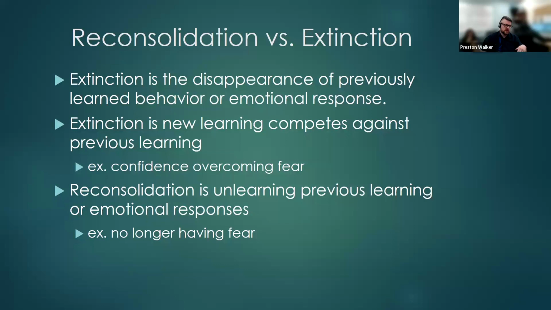So extinction is when we have, let's say, this behavior, and let's say there's this emotion contributing to this behavior, but we have a positive learned response, a positive emotion now outweighs this behavior, and this is no longer dominant.